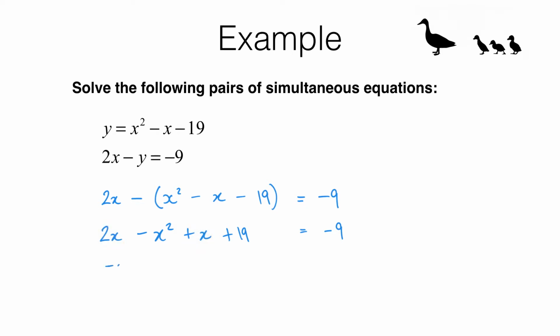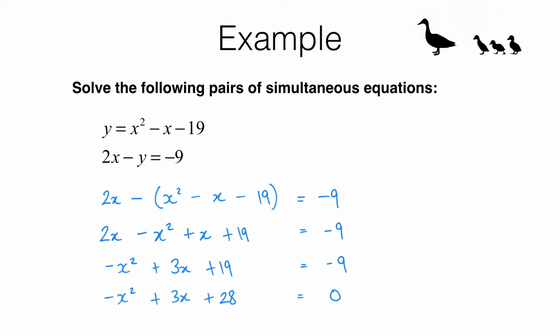So that gives me negative x squared plus 3x plus 19 equals negative 9. And then I'm going to add 9 to both sides. That gives me negative x squared plus 3x plus 28 equals 0.